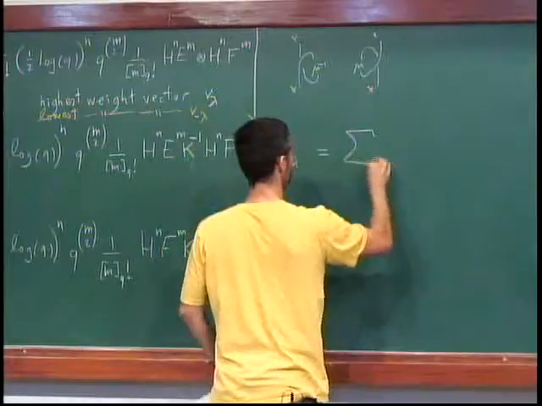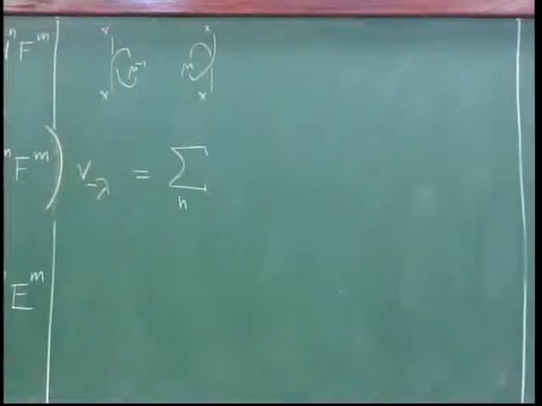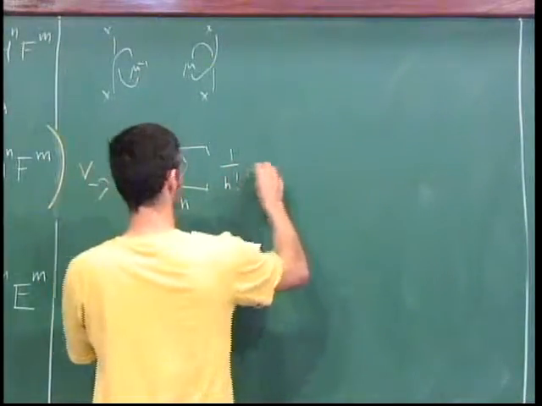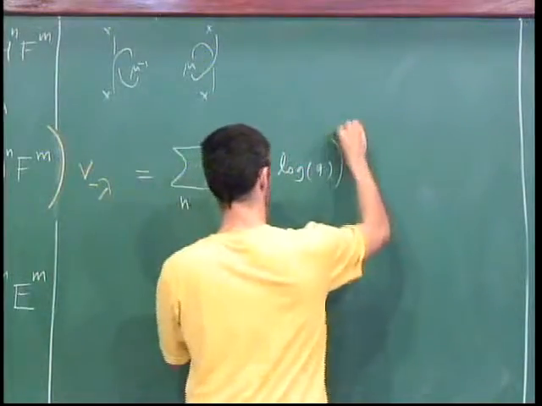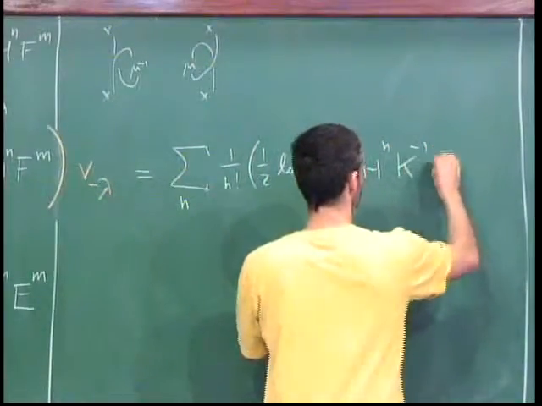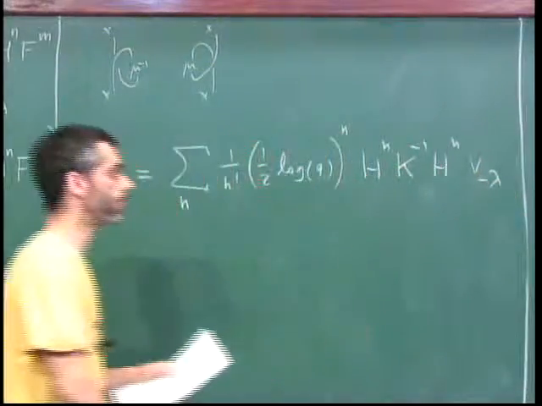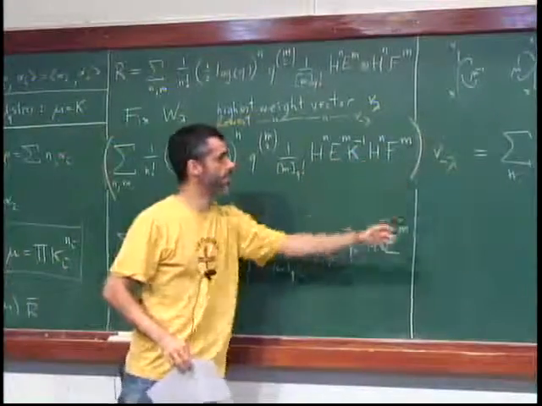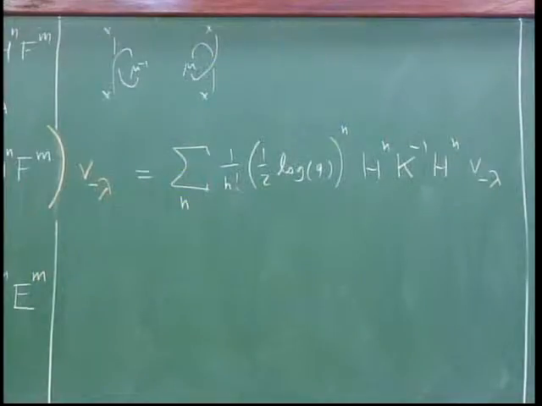well, what you get is that you have a single sum indexed over n of, well, this thing. Hn k inverse Hn v minus lambda. So all this stuff with the m's goes away because it acts as 0 on this particular vector. And that's something you can compute.